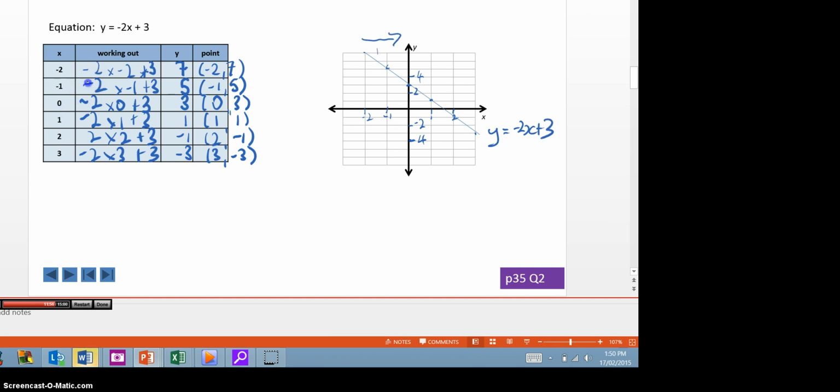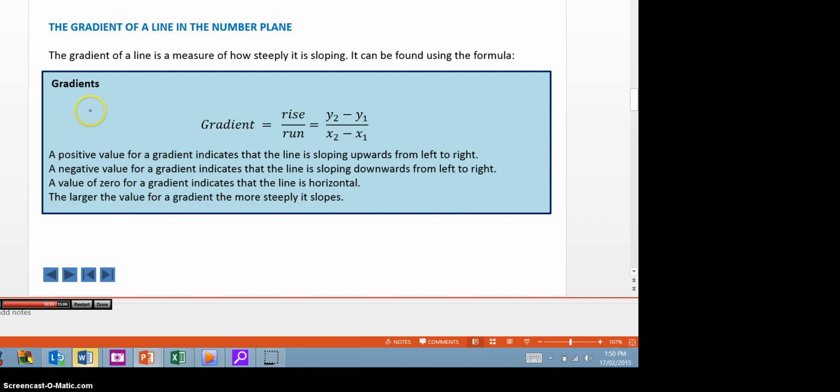So you've got your rise and your run. The first thing I'm going to do with my gradient is work out, is it a positive gradient? And yes, it is, because as I move from left to right, it's sloping upwards. So that means it's a positive rise. And our run is always going to be positive. There are 5 units there, and there are 5 units there. So our gradient is 1.